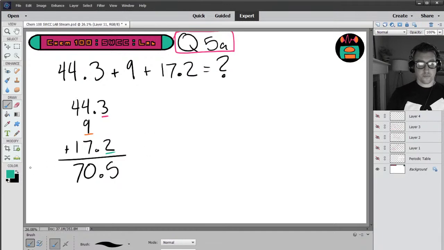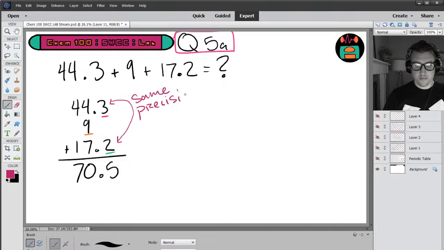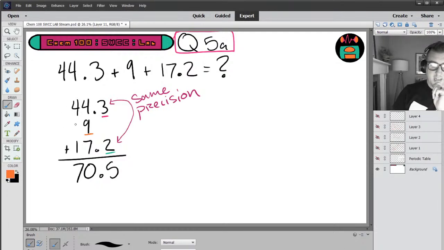Now, 44.3 and 17.2 have the same precision, because their last significant digit is in the same place. It has the same place value. 9 is less precise.